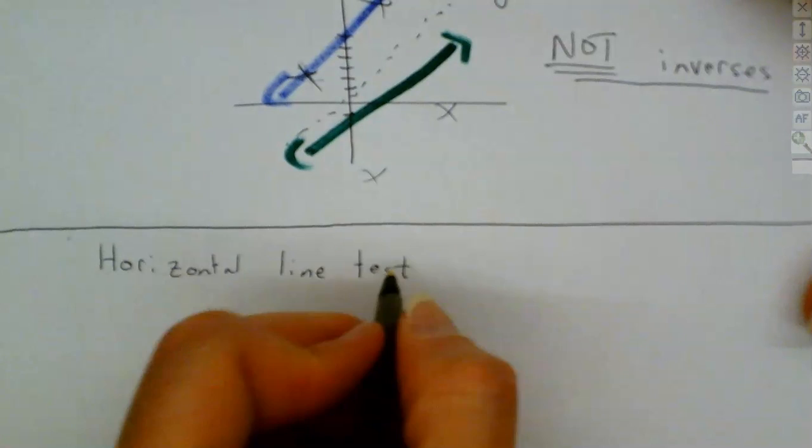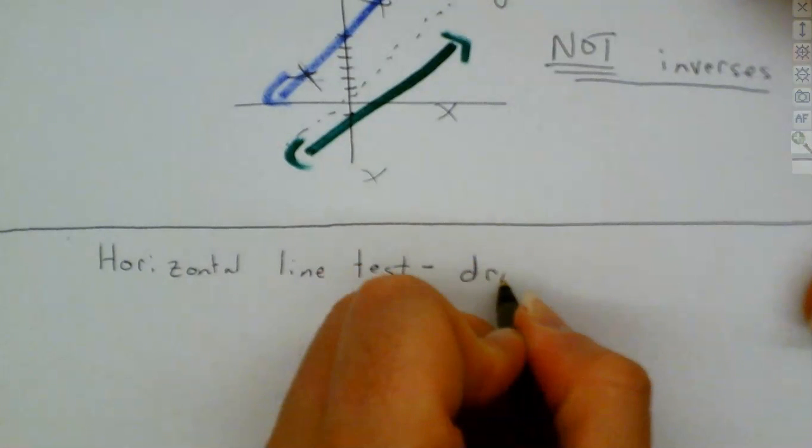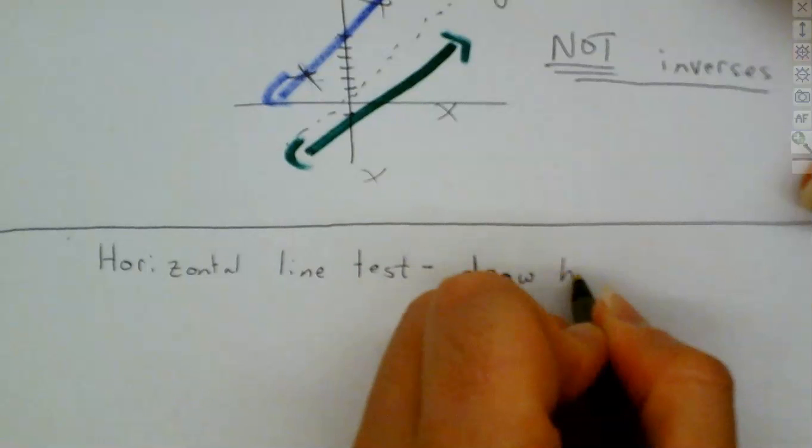And what we do for the horizontal line test is we draw horizontal lines.